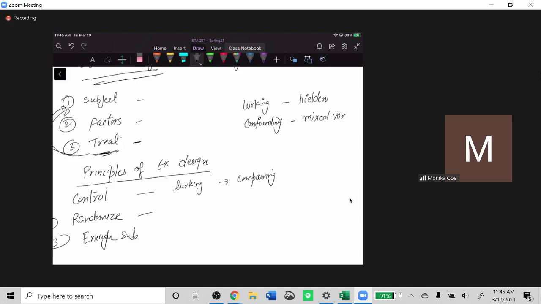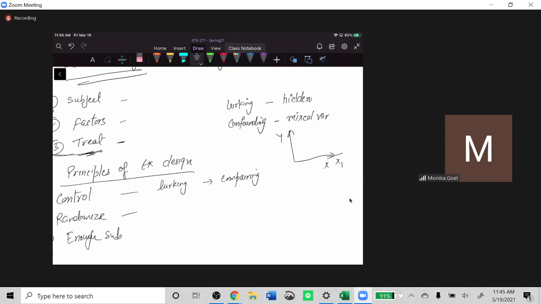Say Y is your response and X is your explanatory variable, and you have another explanatory variable X1 or X2, X3. On Y you see a mixed effect and you cannot differentiate whether it is because of my explanatory variable X, another explanatory variable X1, or my lurking variable, which is not in the picture but is affecting. When you see the mixed effect, we are talking about confounding variables.